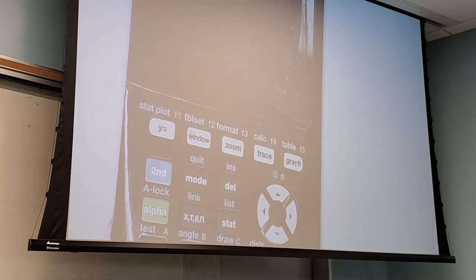Real quick, y equals 2 to the x. What do you get for y equals 2 to the x?